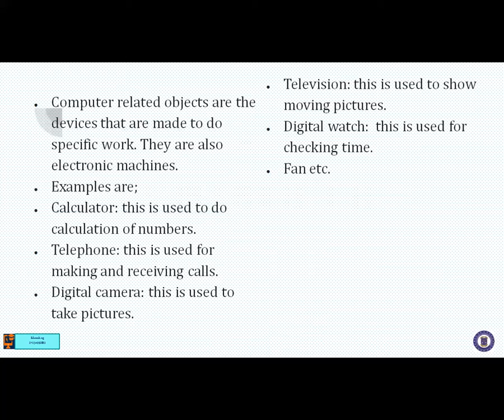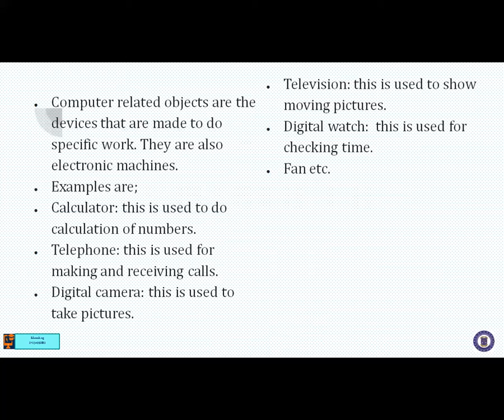It accepts data, and I told you that data is a raw fact or figure. After accepting the data, it processes the data into information. It also stores data. The computer system uses electricity to work.